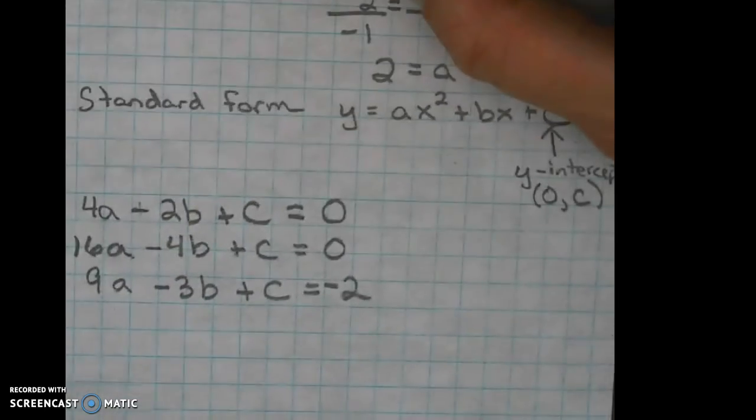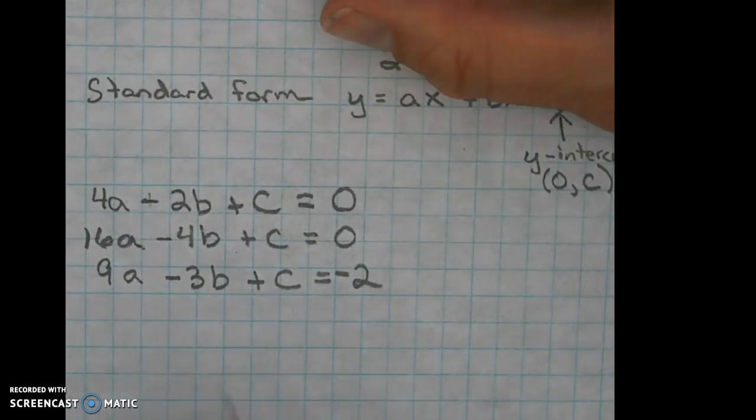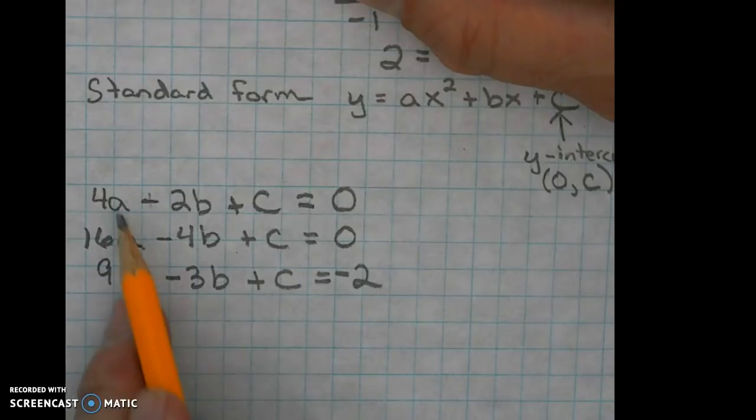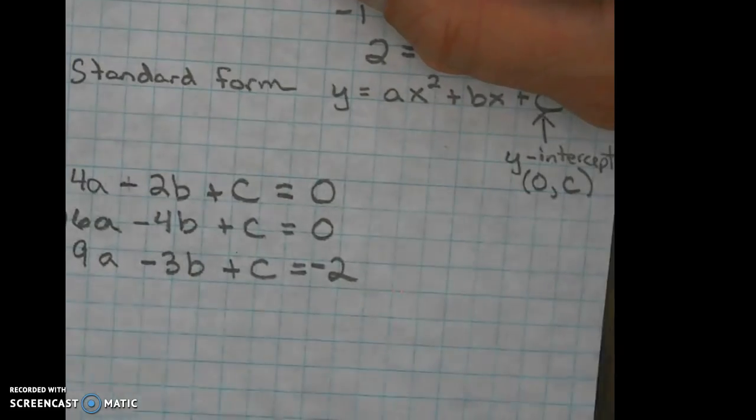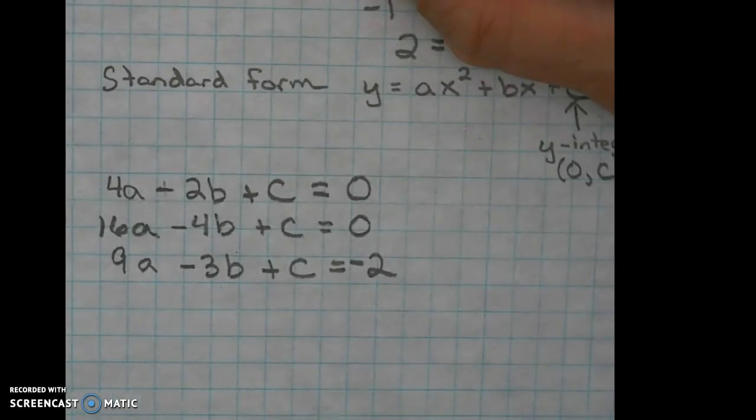Okay, so let me remind you what this is called. This is called a system. And so now what we need to do is we need to solve for a and b and c. How should we do this? Gaussian elimination method?